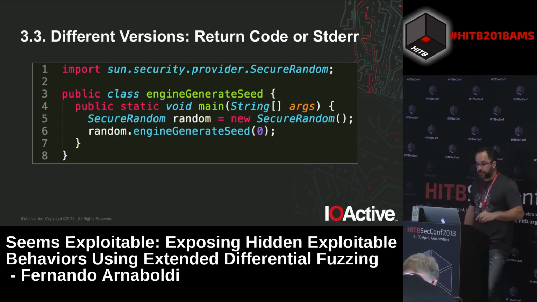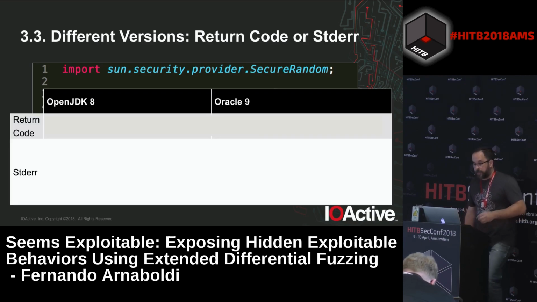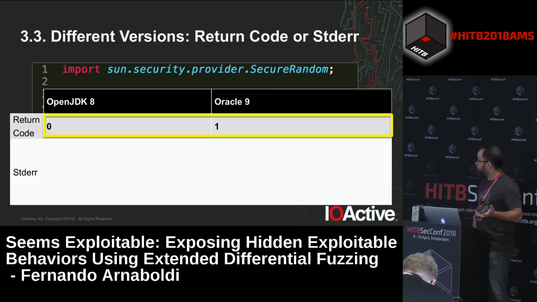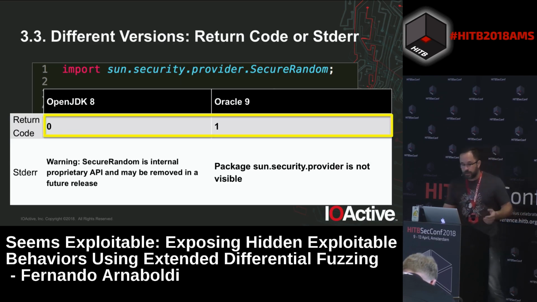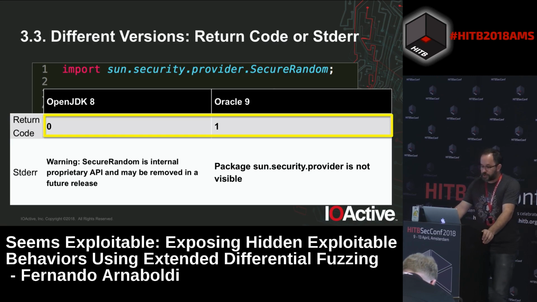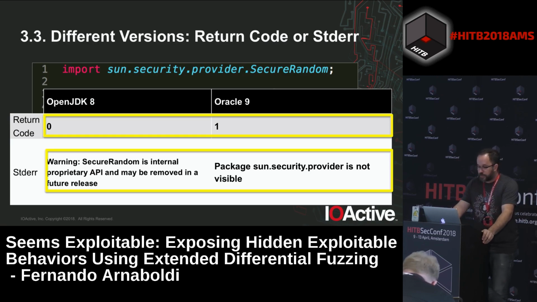So when you're trying to generate a seed for a secure random number, the behavior is going to be different depending on if it is OpenJDK or Oracle. You can tell that from the return code, which is going to be different, or it will be more obvious when you're checking the standard error and see that in one case it says, listen, this is going to be removed. In other cases it says, this is not here.